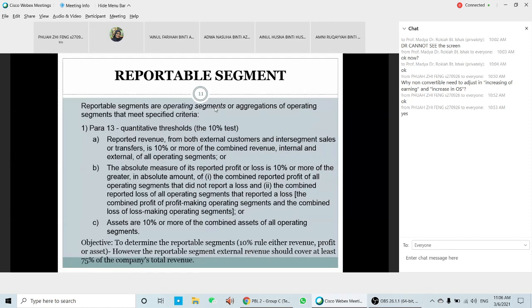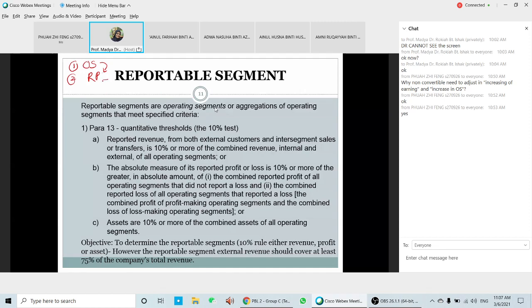After you determine the operating segments, the second step is to determine the reportable segments. From these operating segments, which ones can be reportable segments? A reportable segment is an operating segment, or an aggregation of operating segments, that meets certain criteria.